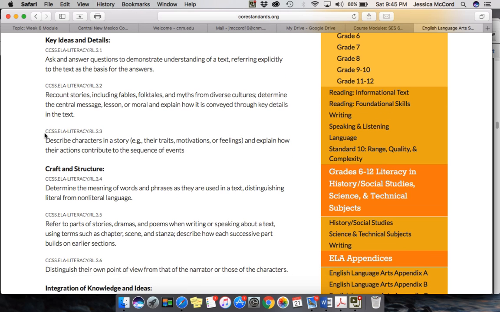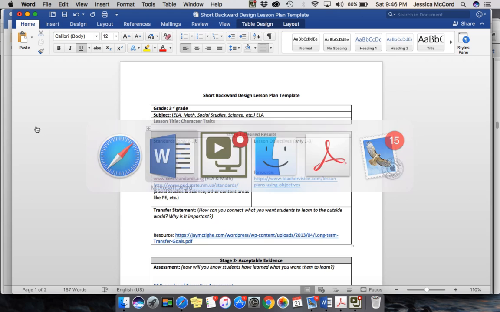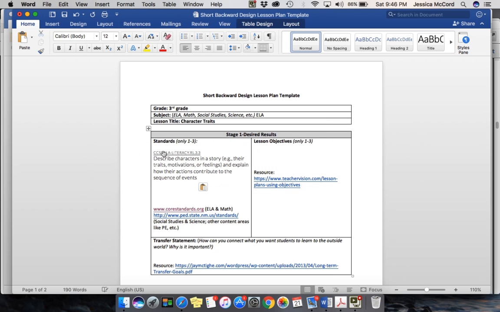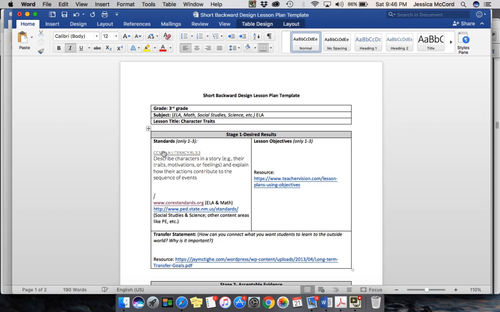So this standard here: describe characters in a story, for example, their traits, motivations, or feelings, and explain how their actions contribute to the sequence of events. So I'm just going to copy that text, go back to my standards, and copy that in right there.